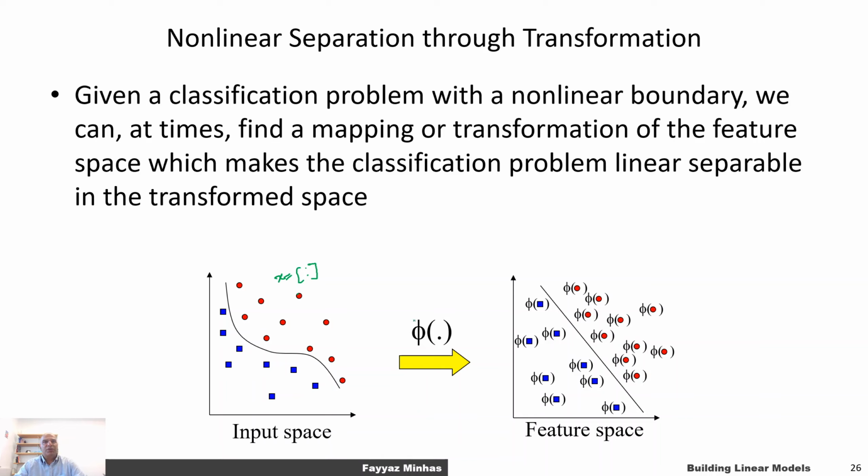But what we can also do is transform this particular example using a transformation, whatever that transformation can be. We denote it in general by this letter phi, so that we map that x vector that is representing this example into another feature space. So we're changing the concept of feature spaces here.